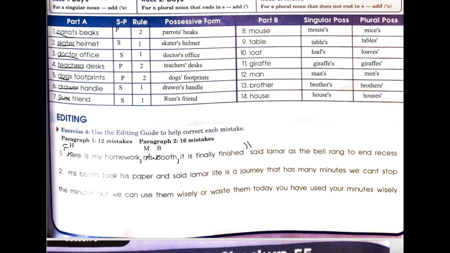Oh no, actually we need to have a period right there because it's the end of a sentence. All right, now I'm doing it correctly. And we need to capitalize it. It is finally finished. Put a comma at the end. Said Lamar, capitalize Lamar.